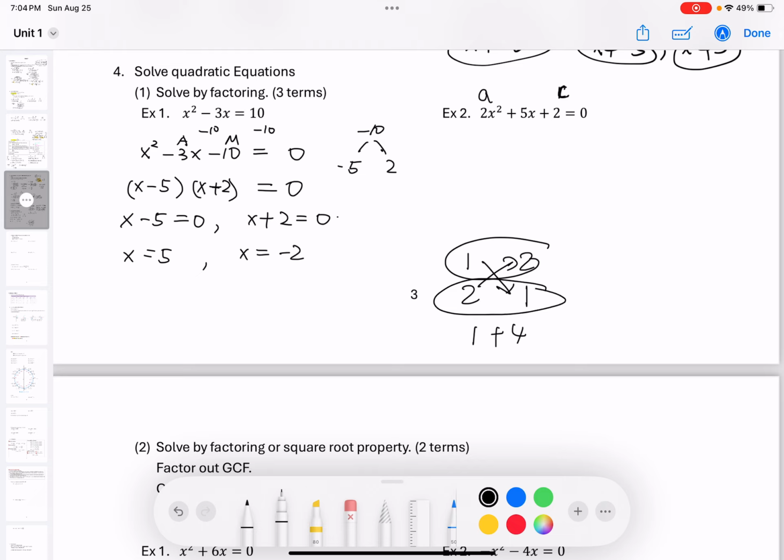Find the multiplication horizontally. So (x plus 2) times (2x plus 1) is equal to 0. X plus 2 is 0. 2x plus 1 is 0. X is equal to negative 2. X is equal to negative 1/2. We got two solutions.